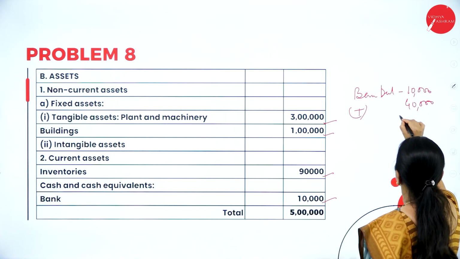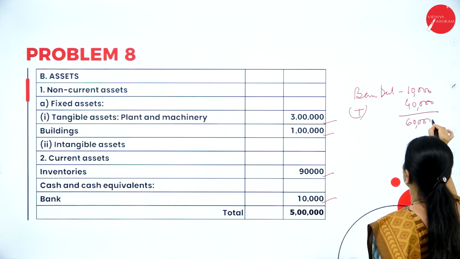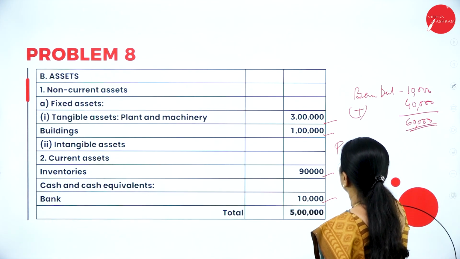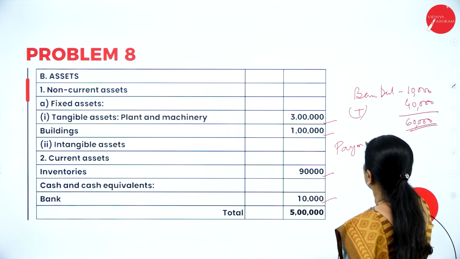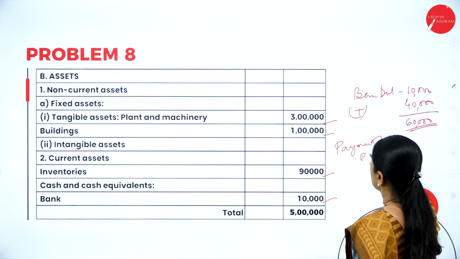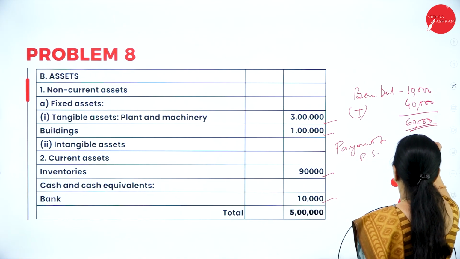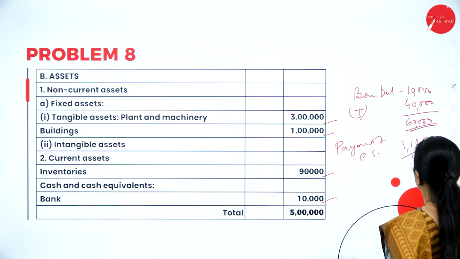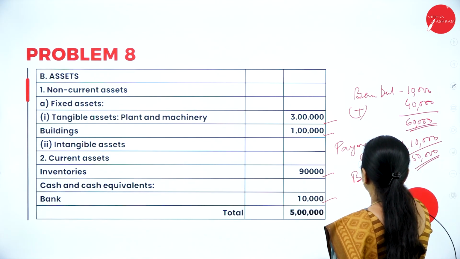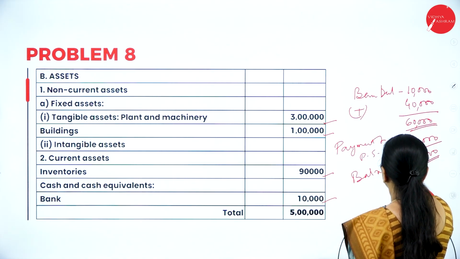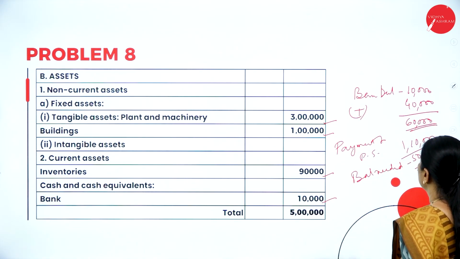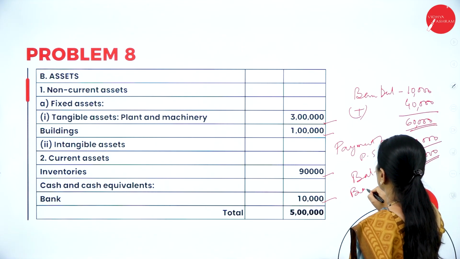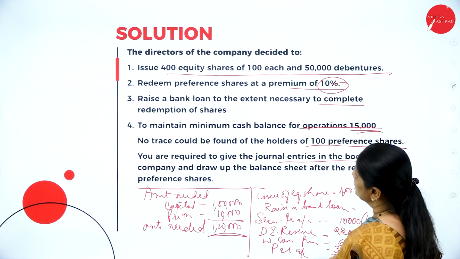So total money in the bank is 60,000. Now how much has to be paid? Payment to preference shareholders, they have to pay 1,10,000. What is the balance needed? 50,000. So this 50,000 we have to pay from the bank loan we have to raise.